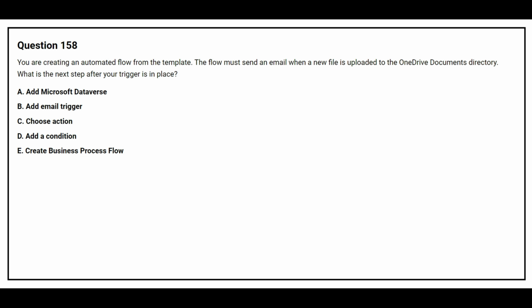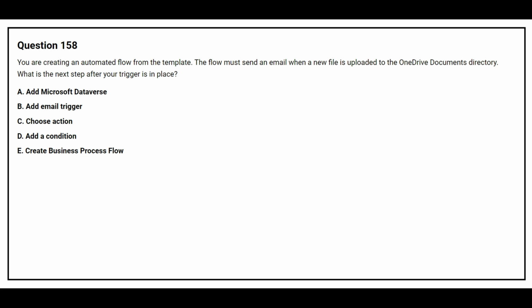Question number 158. You are creating an automated flow from a template. The flow must send an email when a new file is uploaded to the OneDrive documents directory. What is the next step after your trigger is in place? Option A, add Microsoft Dataverse.